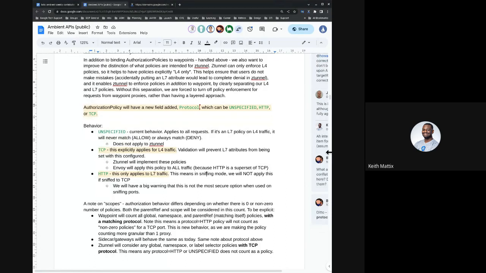And this ambient APIs doc says pretty much the same thing when it lists several. Request authentication is one that would have no other changes. Peer authentication is irrelevant. Telemetry API, for example, WASM plugin, proxy config. Okay. Yeah, I remember the notes now. Sorry. That makes sense.